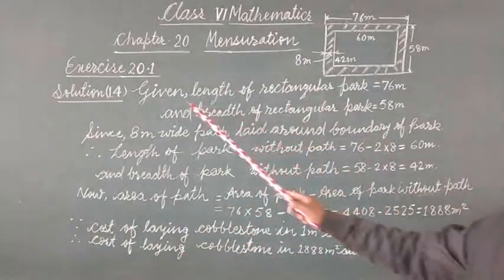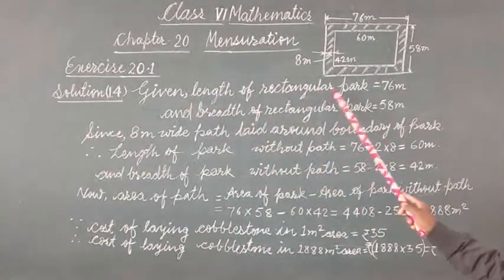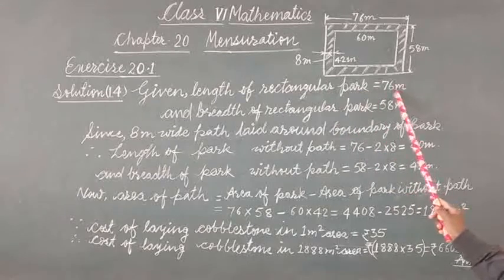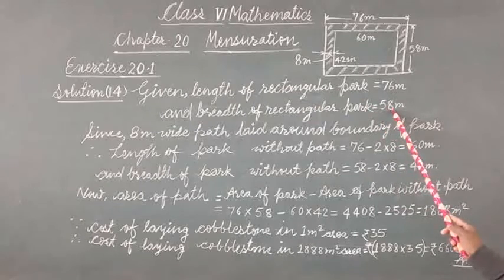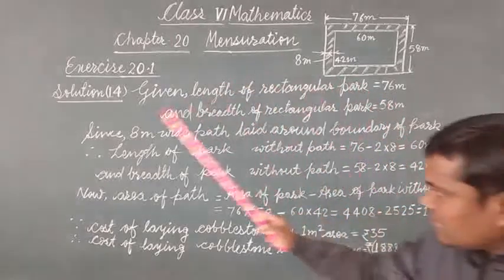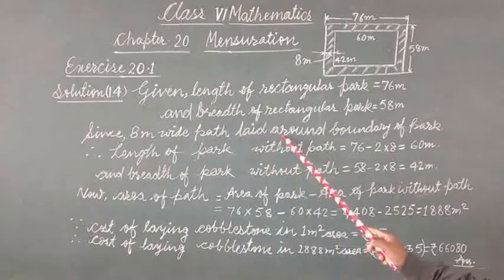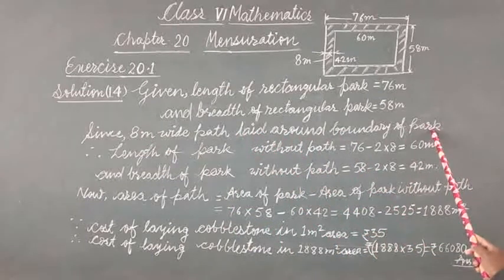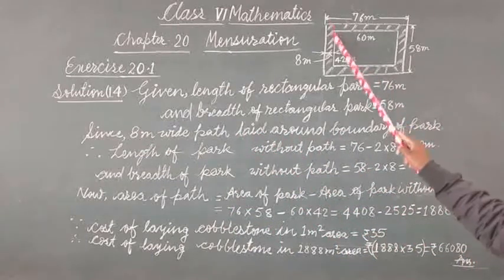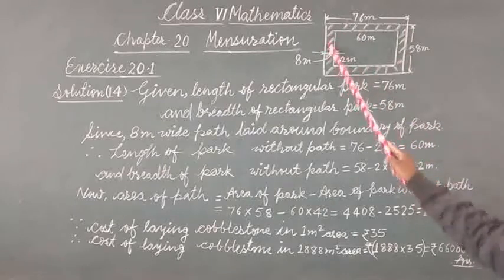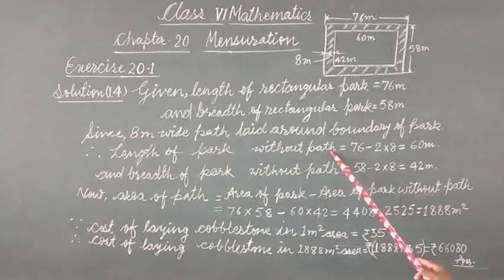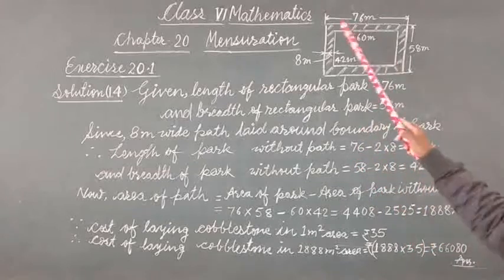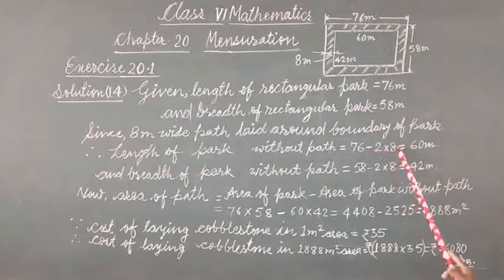It is given length of rectangular park is 76 meter and breadth of rectangular park is equal to 58 meter. Since an 8 meter wide path is laid around the boundary of the park, as you are seeing here, therefore length of park without path is 76 meter total length minus 2 times 8 meter.